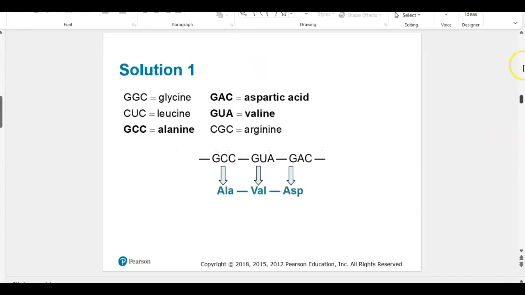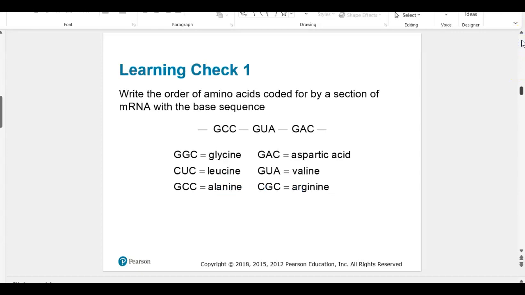Anyway, we saw, wait a minute, write the order of amino acids coded for by a section of messenger RNA with this base sequence. Well, they say it's messenger RNA, so these are codons. Okay, so this is the genetic code. They're giving you a number of choices here, and you have to pair the codons with the proper amino acid.